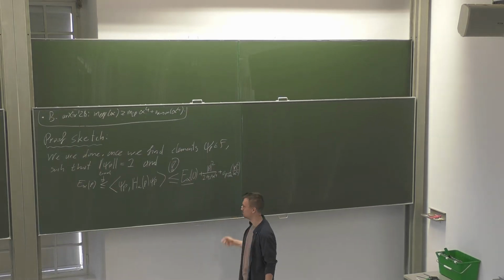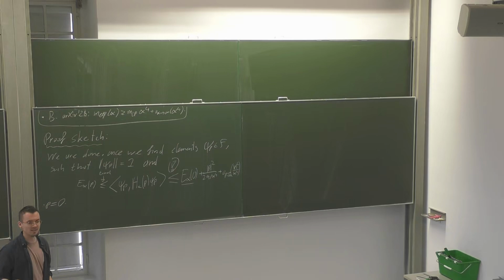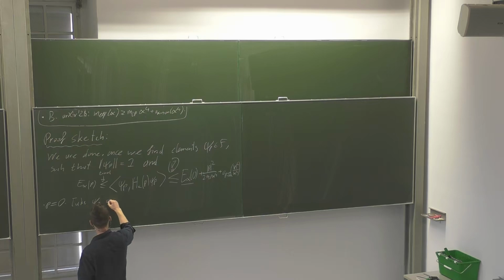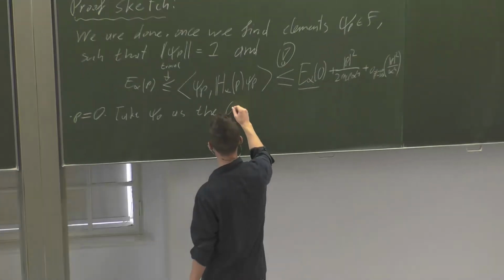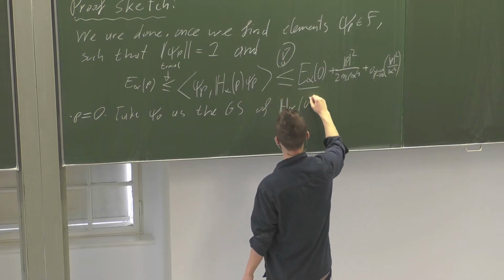And so let me first discuss the most trivial case, p equals 0. It's ridiculously trivial, but here we just take psi 0 as the ground state of the 0 fiber. Perfect.